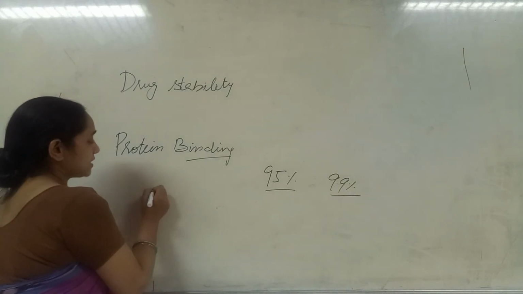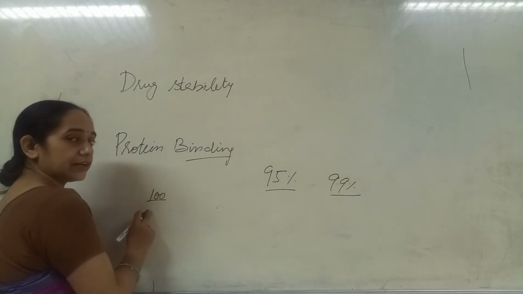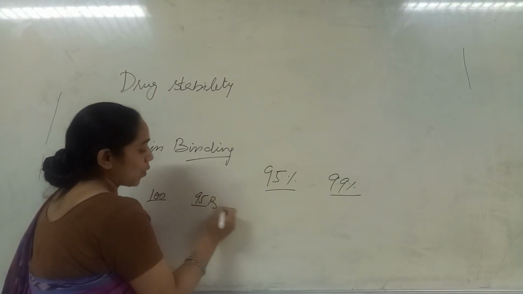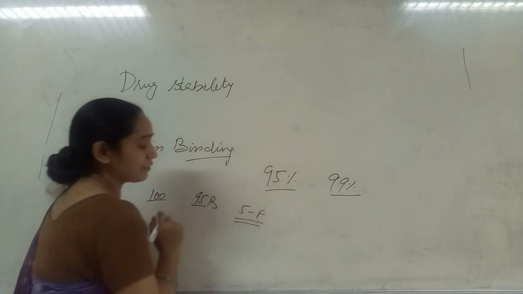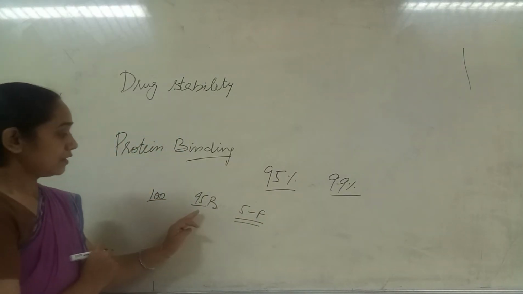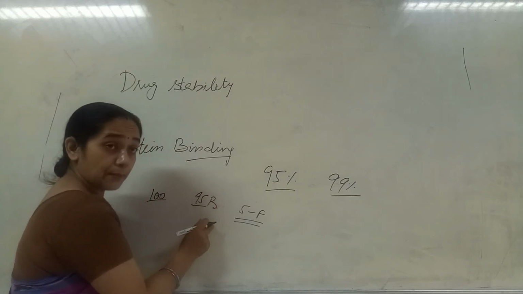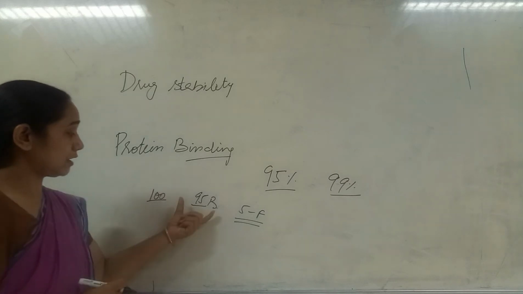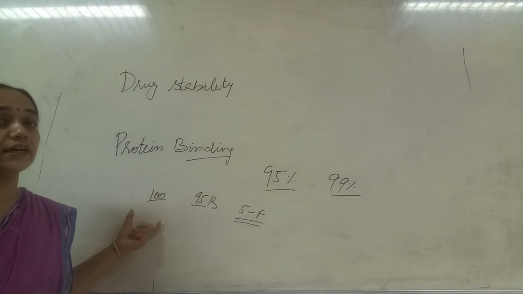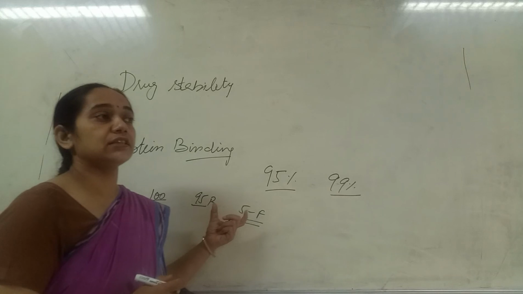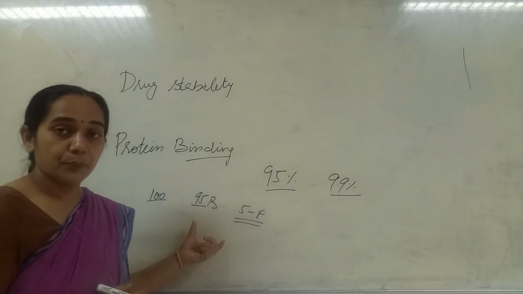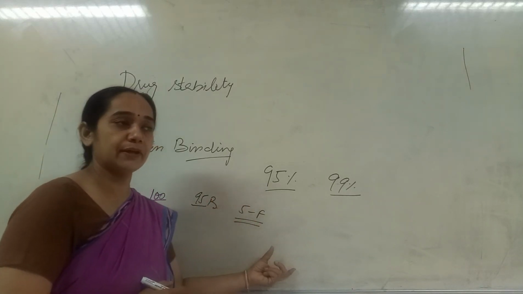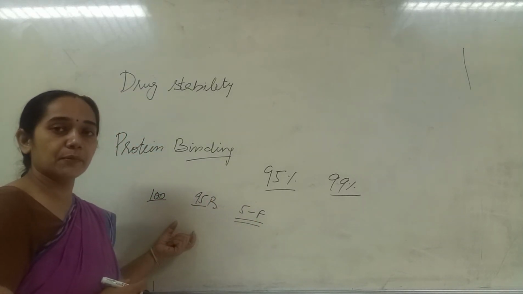For example, say there are 100 molecules of the drug, they reach the blood and 95 get bound. Only 5 are free and they are showing the pharmacological effect. If the drug is bound to the protein, then it is in the form of a complex, and that complex will break down and release a further amount of the drug.